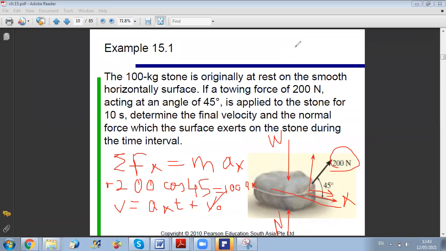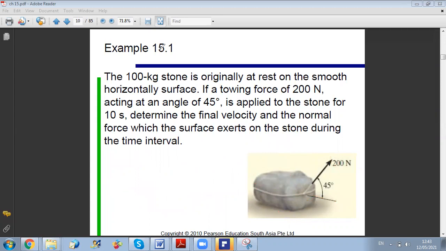Okay, so if we write the principle of linear impulse and momentum in X, what do we get? Also, we should specify a positive direction.